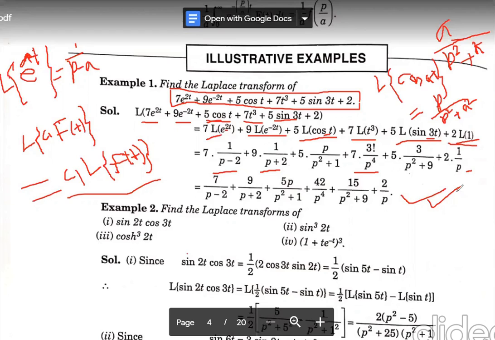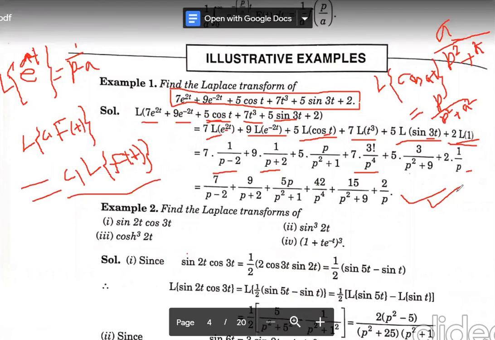But if your function is not fitted with the formula, then you need some adjustment or some correction using some formulas, so that your given function is in line with the formula, so that you can use the formula. This concept is very important while finding the Laplace transform.